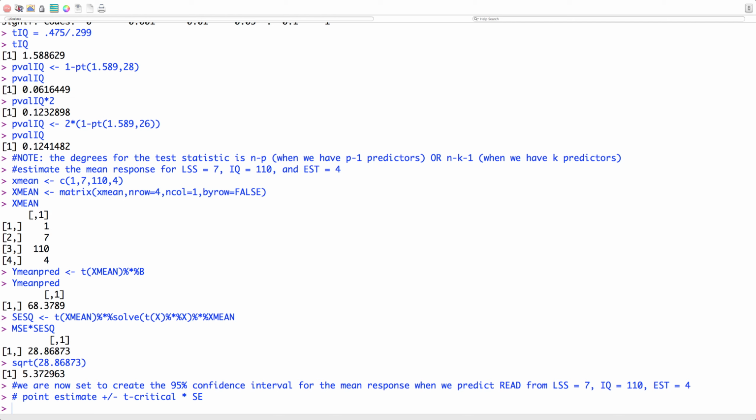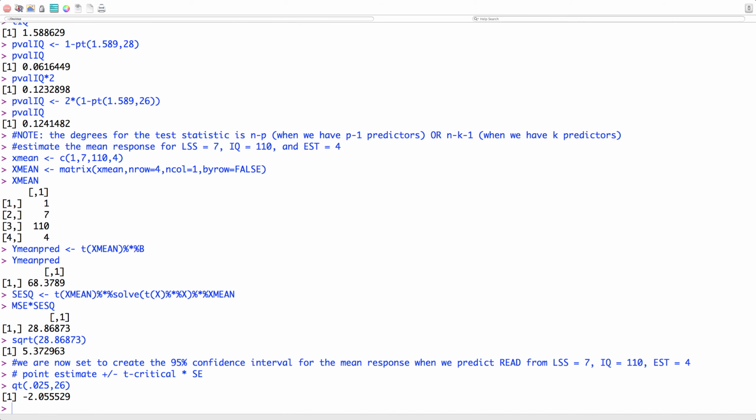All right, well, that's going to be really easy to do. We can just do this with QT. And with QT, for a 95% confidence interval, the lower bound is going to have 0.025 area below, and we have degrees of freedom n minus k minus 1, or n minus p, which is 26. So QT is going to be this.